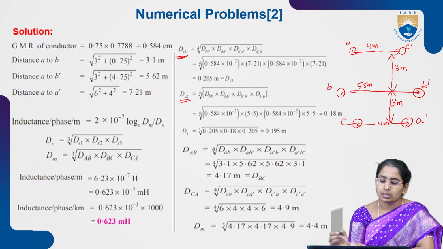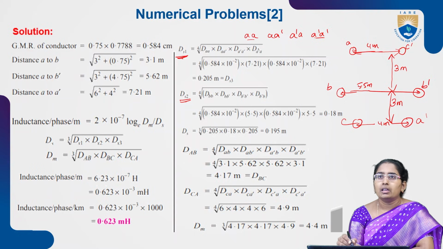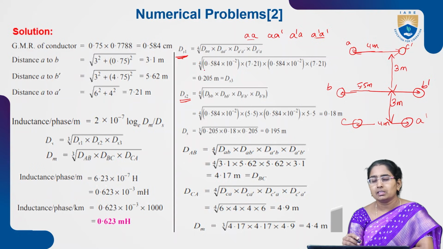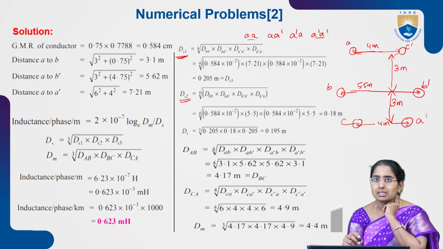So the sequence: A dash A dash with respect to its own radius. Similarly A dash A dash, then A and A dash, A dash and A. That is a. Now, what is a? That is with respect to the conductor itself.